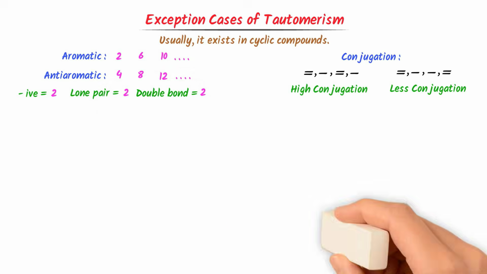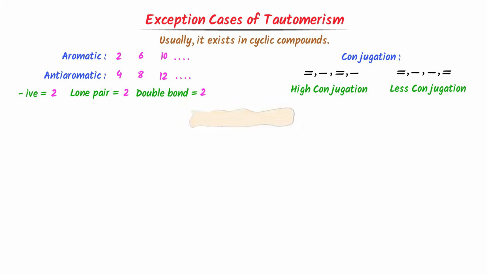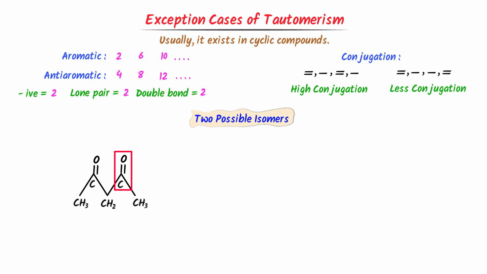Thirdly, consider this exception case when there are two possible isomers. Firstly, I write CH3, C, CH2, C and CH3. Now this C double bonded O is like A double bonded to B. This CH2 and this CH3 are like CH.